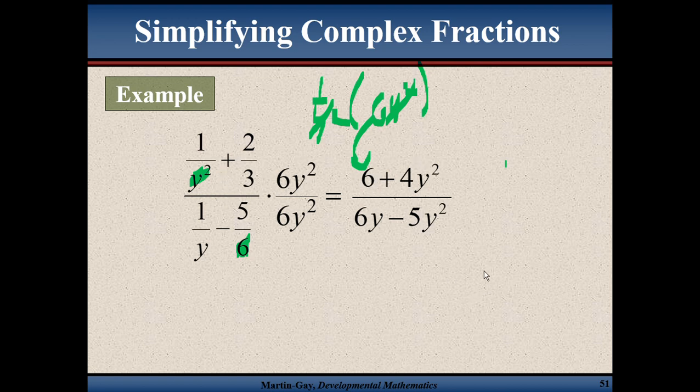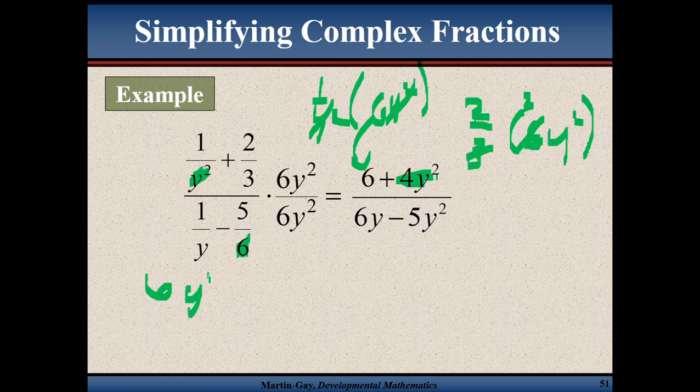Next, yung 2/3 multiplied by 6y squared. So, cancel to, naging 2 ito. So, kaya naging 4y squared, kasi 2 times 2 is 4 y squared. So, ganyan nangyari dyan. Here naman, 6y squared multiplied by 1 over y.